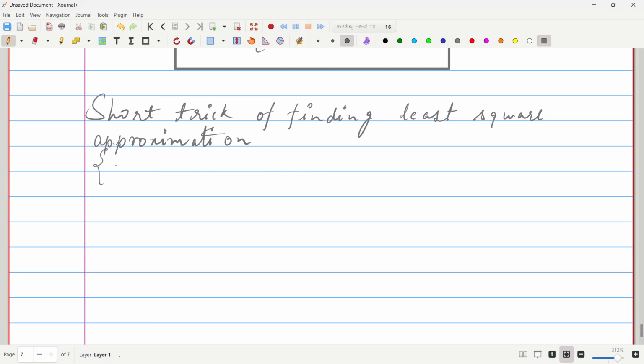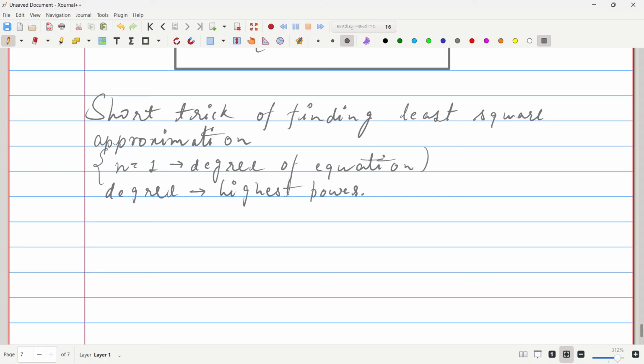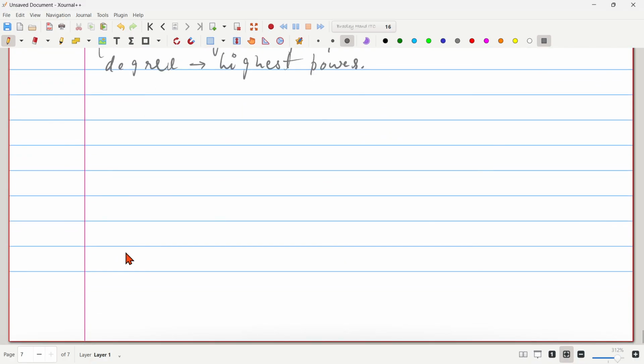This short trick will work only when n is 1. n is what? The degree of the equation. What is the degree of an equation? Degree is the highest power.